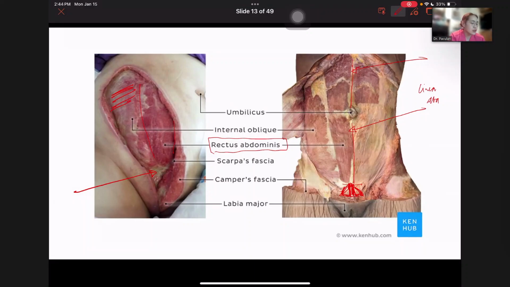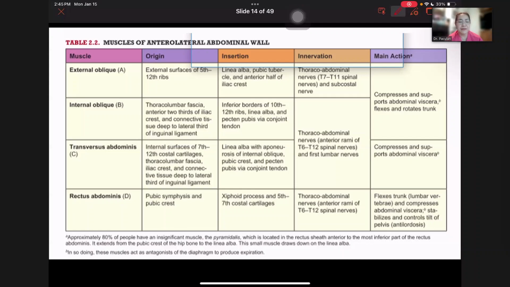Oh, sorry, internal oblique. It should be like that, the internal oblique. External oblique is like this, internal oblique is this. So there is not much external oblique, probably because of the infection, when it was debrided. Okay, next slide.